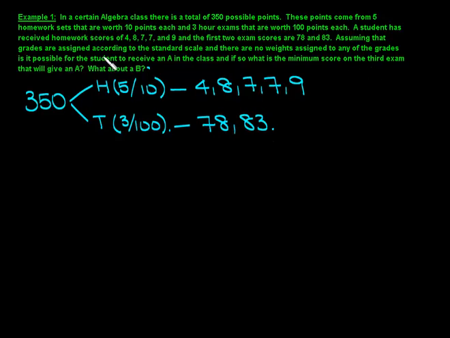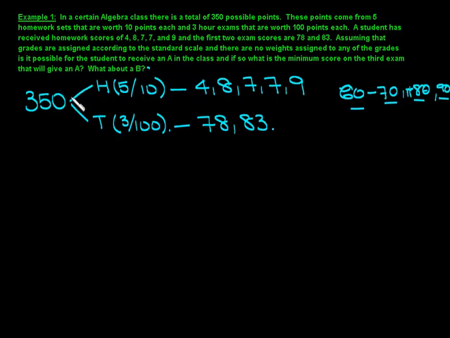Assuming that the grades are assigned according to the standard scale, which is basically the 60, 70, 80, 90 scale, that means this is A, B, C, and D, sort of. Okay. Assuming that there are no weights assigned to any of these grades, is it possible for the student to receive an A in this class? And if so, what is the minimum score on the 3rd exam that will give an A?